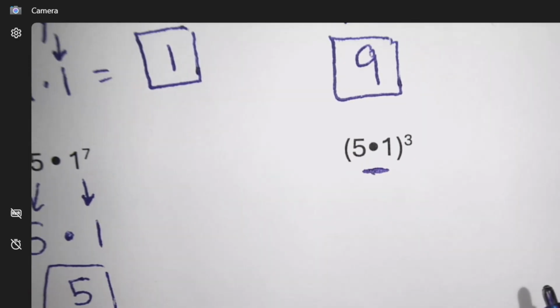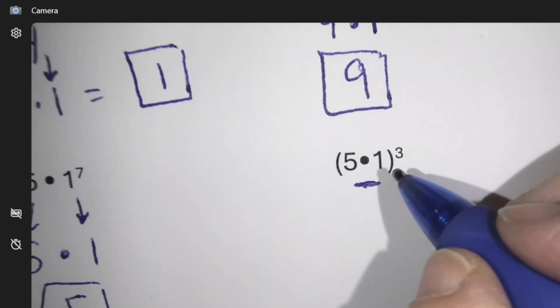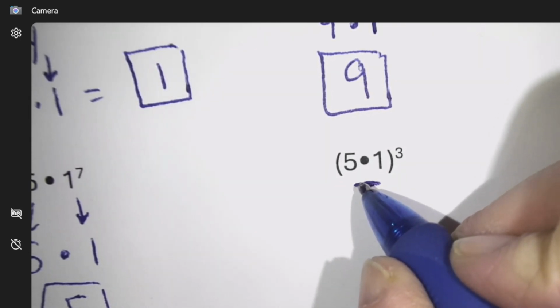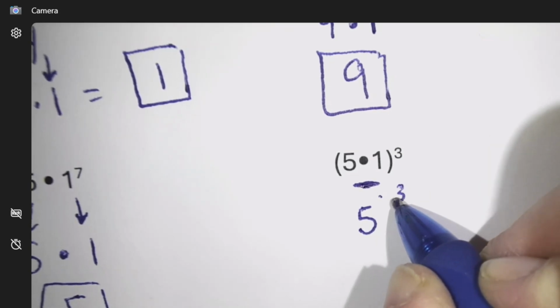Okay, and this one, the 5, is the 5 involved? Yes. So, what is the brackets here? We could do like that. 5, and then cubed.